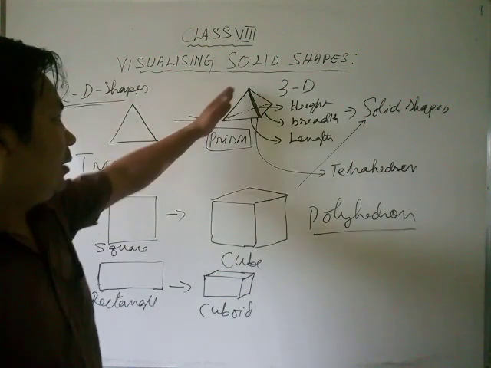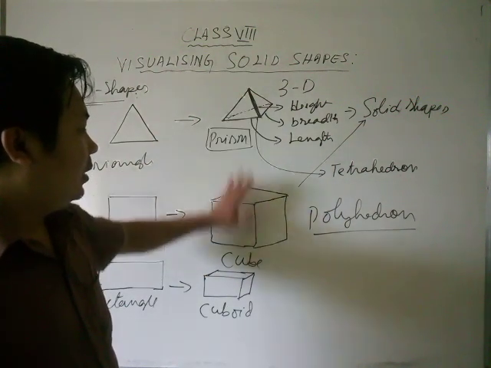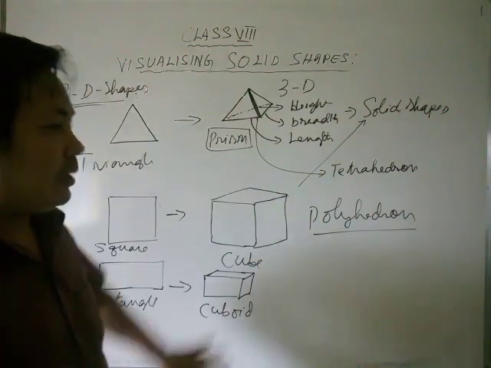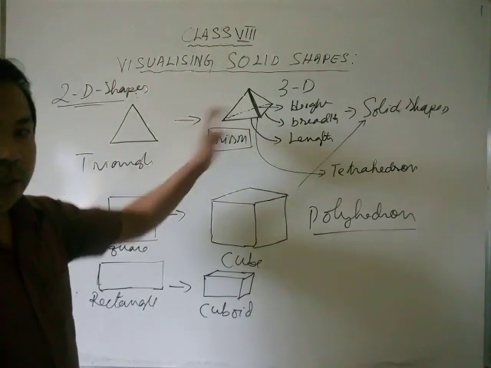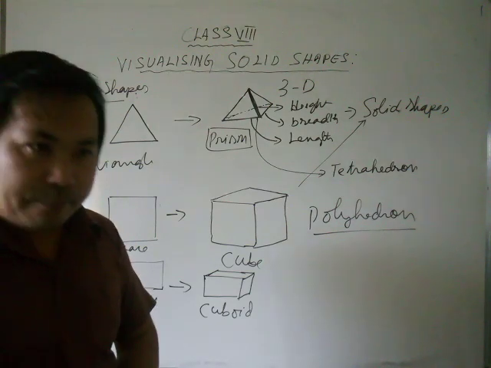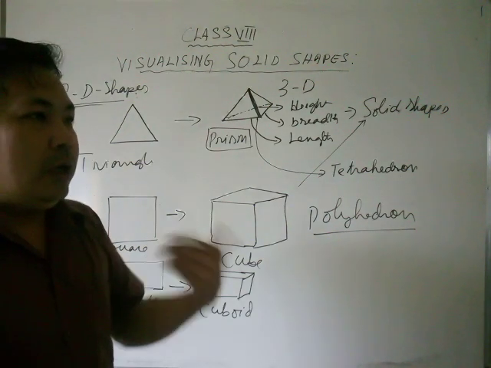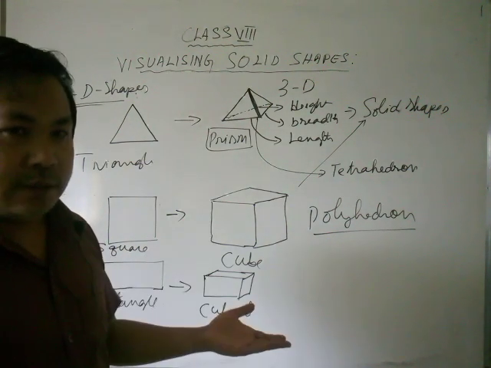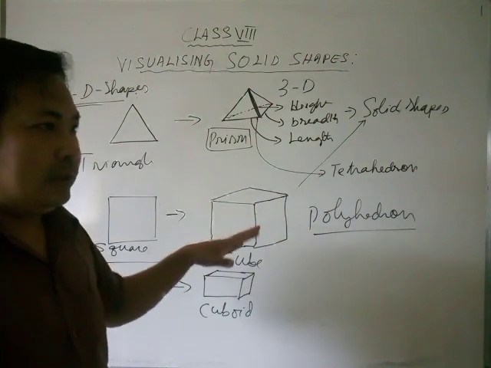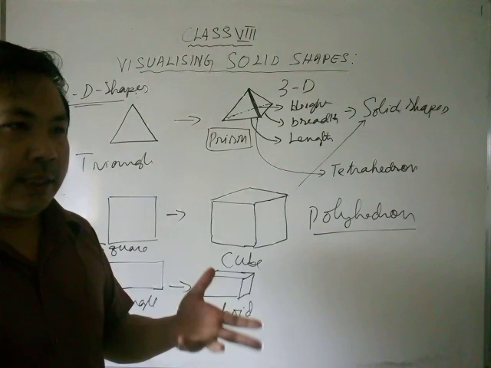So, like that, the faces of these shapes are polygons, meaning they have polygon surfaces. Surface or face, it doesn't matter, any way you can take it.